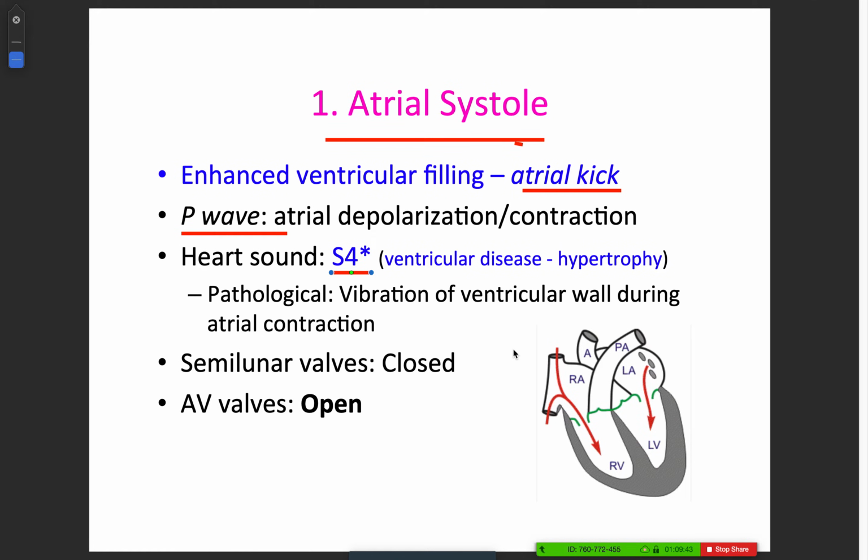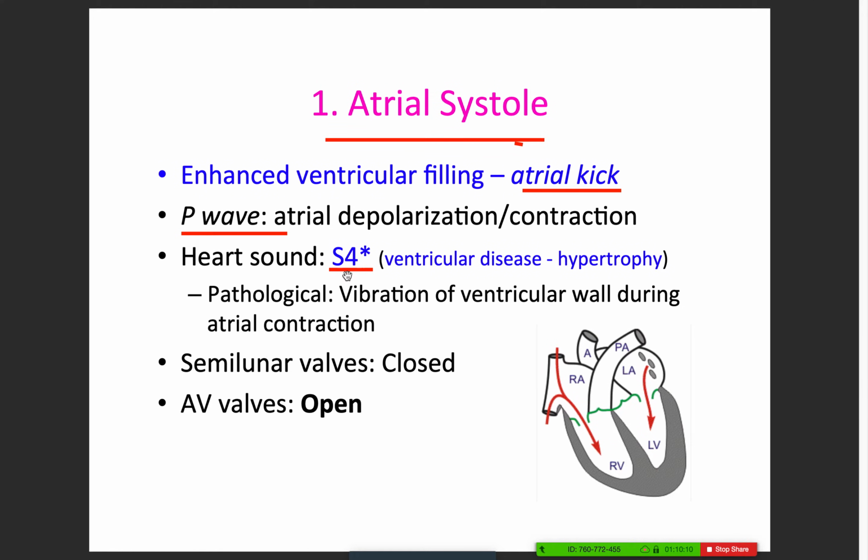And so our S4, which is the sound that comes before S1, is the sound of a stiff wall in your heart. Whenever you hear them talk about S4, or if you ever hear an S4, in your mind, I want you to imagine that this patient has ventricular walls that look like concrete walls, okay? Very stiff, hypertrophied walls. That's what an S4 is.